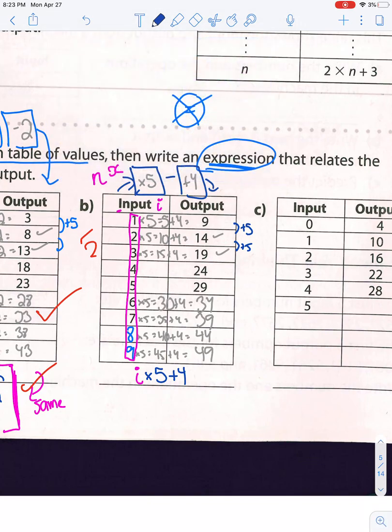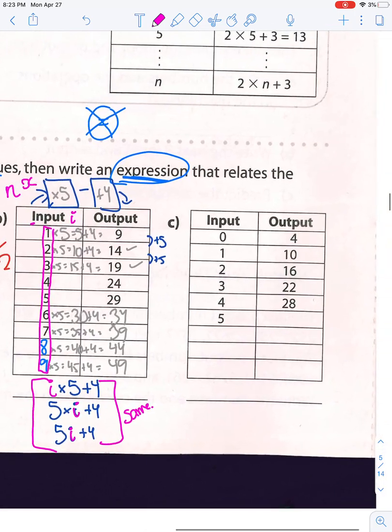So that's one way you could write it, or you could write it like this, 5 times I plus 4, or 5I plus 4. So again, I would like you to write down all of these options because you never know when one of them might pop up because they're all the same, okay?